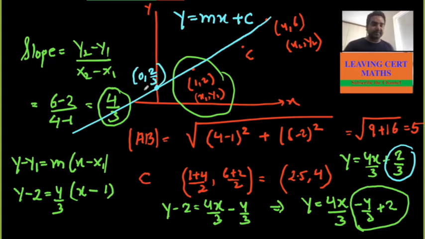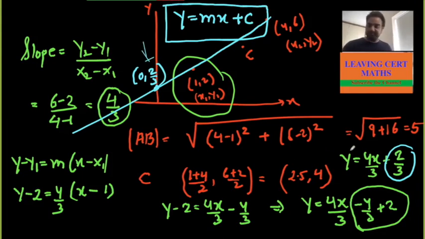Sometimes in a graph they will not give you c, and they will ask you the value of c. Always see that where it cuts is the y coordinate, right? Any trouble so far? No, that's okay.